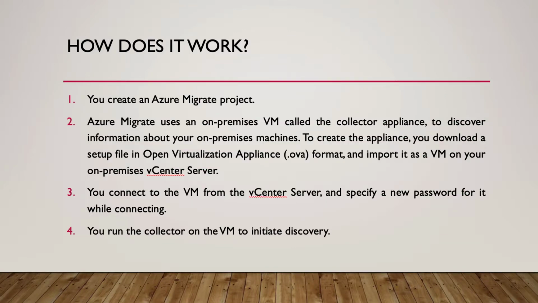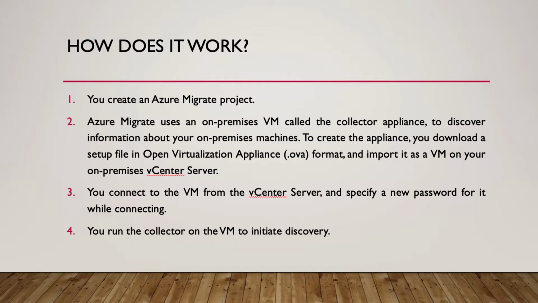So let's go through the steps and see how it works. You create an Azure Migrate project. That's the first step. Then Azure Migrate uses an on-premises VM called Collector Appliance to discover information about your on-premises machines.